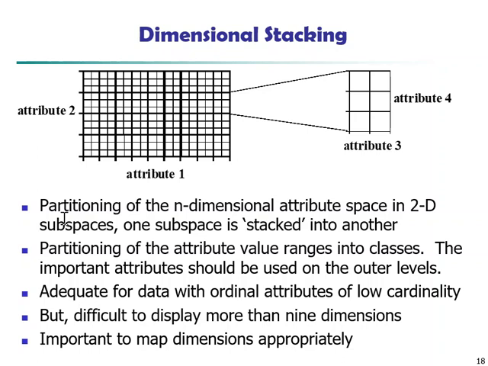The visualization will become less intuitive. And it's important to map dimensions properly. So which attribute should be used first to partition the data, and which attribute follows, is going to affect the visualization result.